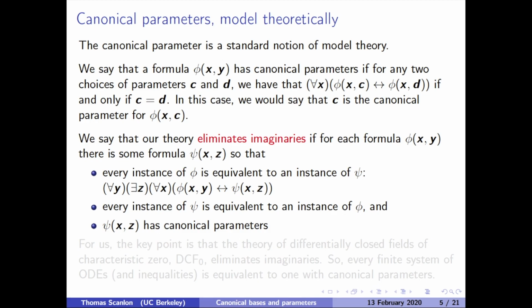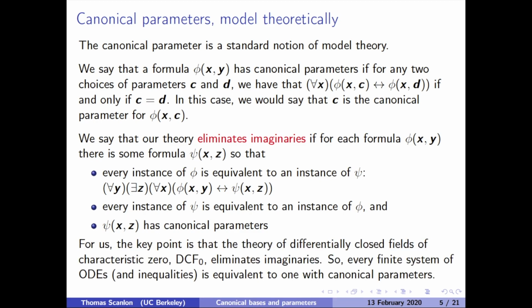And what's useful for us here is that the theory of differentially closed fields of characteristic 0, which will be the background theory in which we'll do differential algebra, eliminates imaginaries. So it's always possible to convert some system of differential equations to another system of differential equations where the parameters for the second system are canonical.